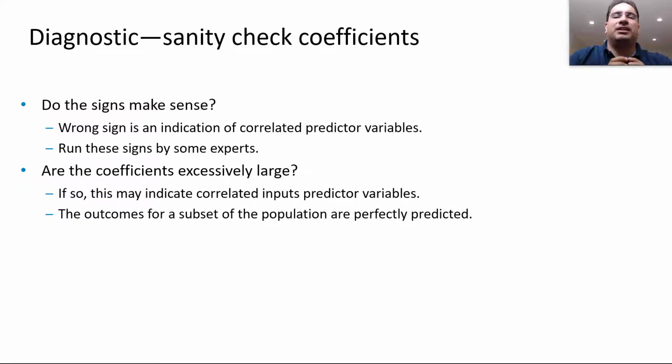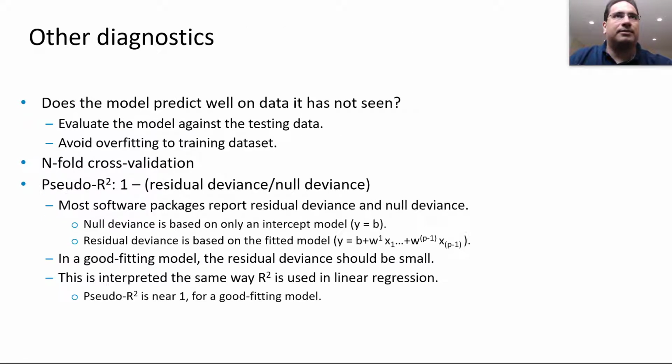So make sure that you take a look at the signs and the weights to make sure that it makes sense. Are some of the signs excessively large? Again, you might have correlated variables, or maybe the outcomes for a subset are perfectly predicted, but not for the whole class. Maybe you need to have more classes or other subsets of your data set.